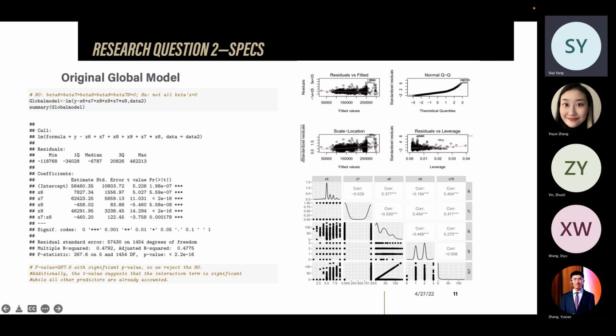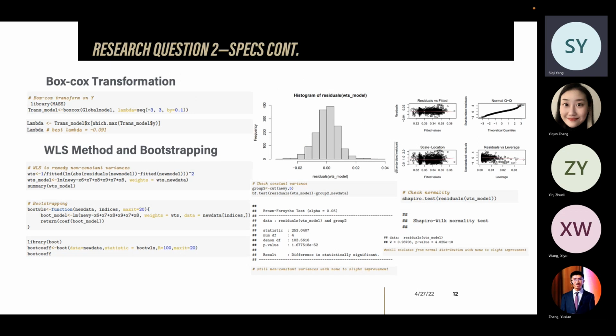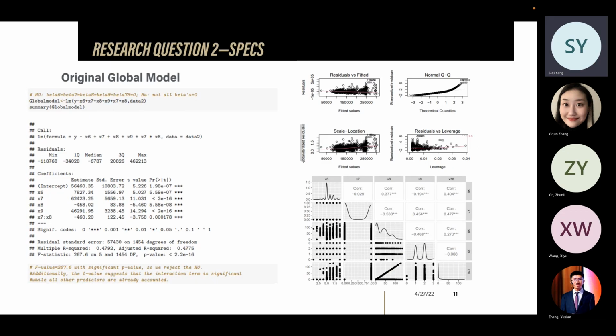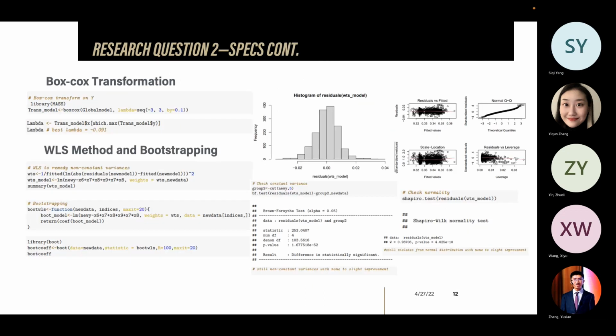The results implied a potential linear relationship between each term and the response variable with no multicollinearity issue. Non-constant variance and non-normality issues did exist. Then we proceeded with the automatic model selection, and all criteria agreed that all predictors should be kept. And next one.